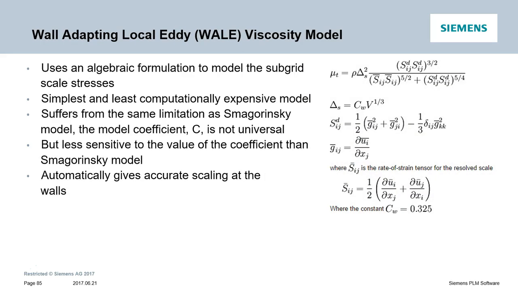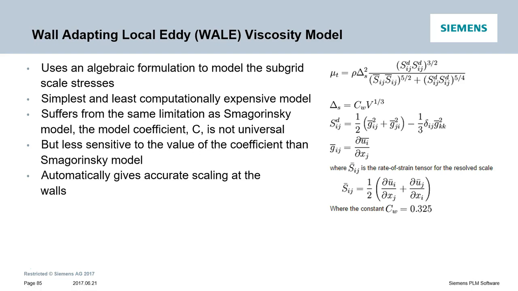So moving on to the wall adapting local eddy viscosity model, or WALE model. This is the least computationally expensive subgrid stress model. It uses a slightly more involved subgrid viscosity equation than the Smagorinsky model, and as a result, it automatically gives accurate scaling at the walls without the need to calculate wall distance.